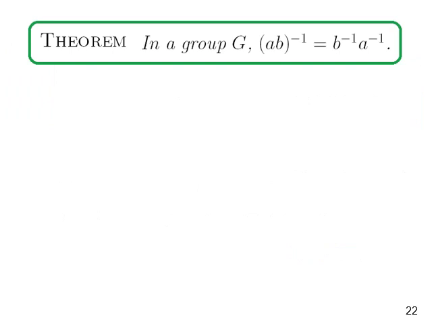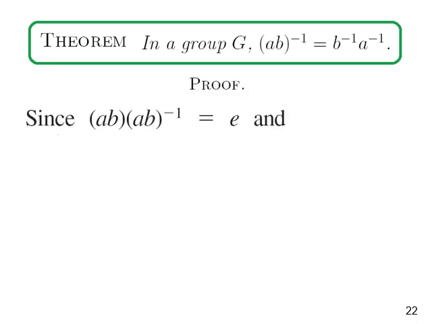In a group G, the inverse of a·b equals the inverse of b times the inverse of a. Proof: since the inverse of a·b is the element whose product with a·b gives e, we need to check the product of two elements gives e.